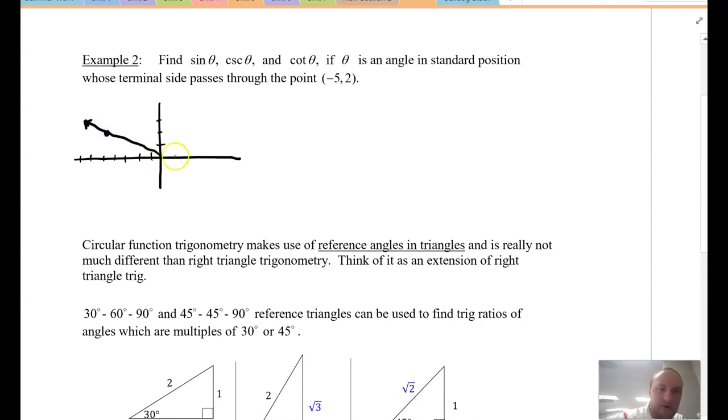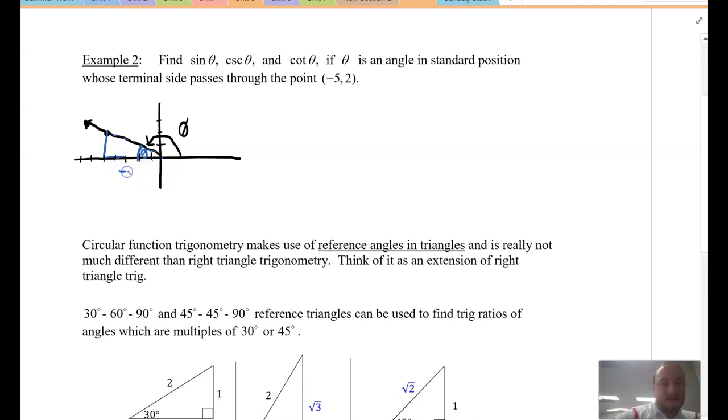As a triangle, it would look something like this. Here is theta, an angle that passes through that. Well, it's important to note that we also have a coterminal angle here, which makes a right triangle. And this is the triangle that we're going to go ahead and use. So we want to place in distances.